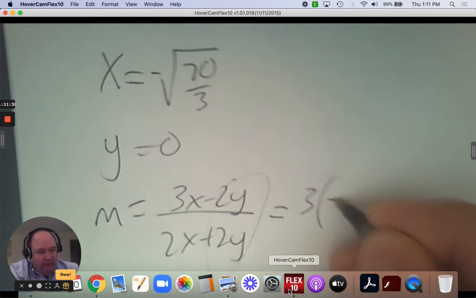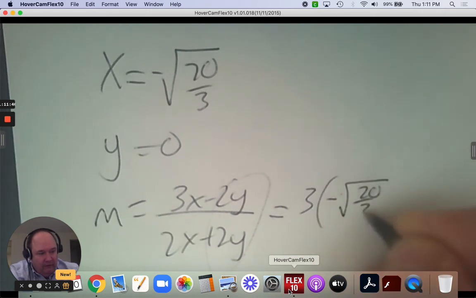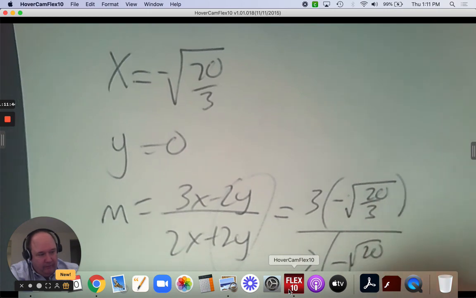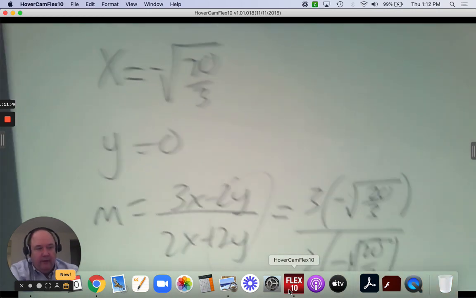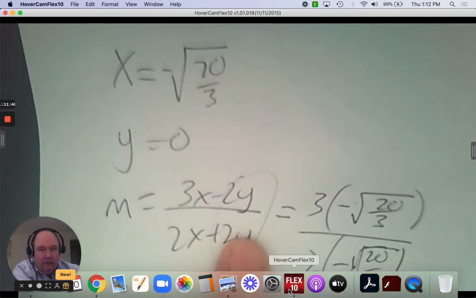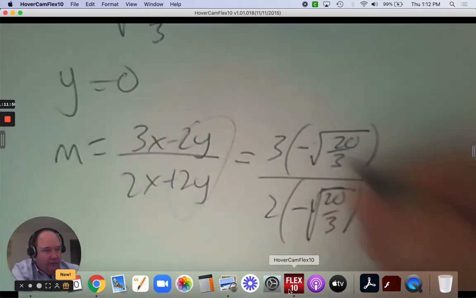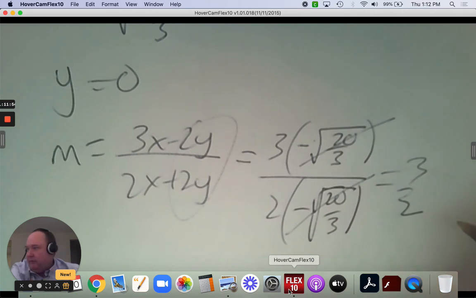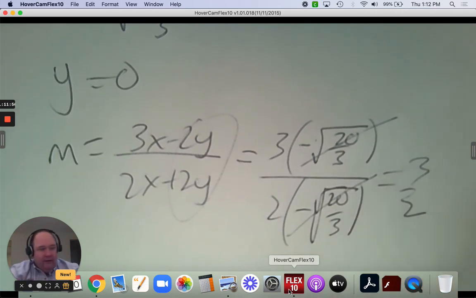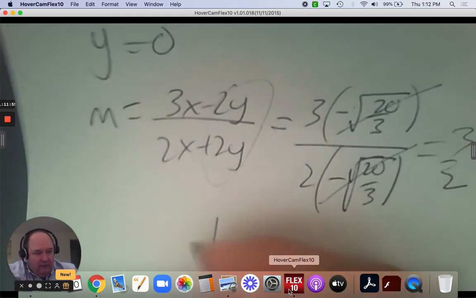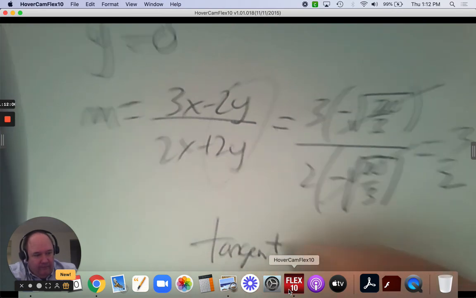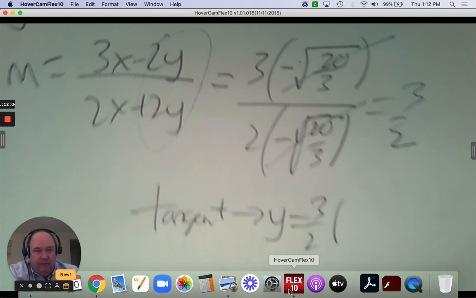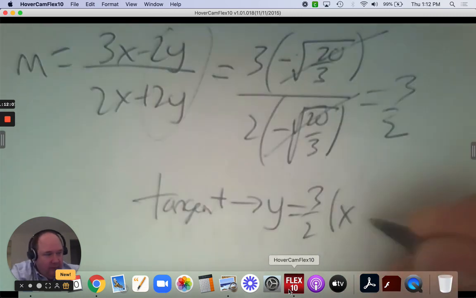So if I plug this in, so y is 0. If I plug this in for x, notice these cross out anyways, right? They divide out and you just get the slope 3 over 2. So the tangent formula would be y equals 3 over 2, and then the x coordinate, we have to change it.